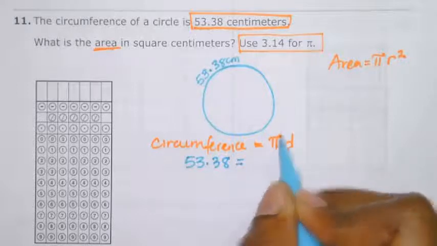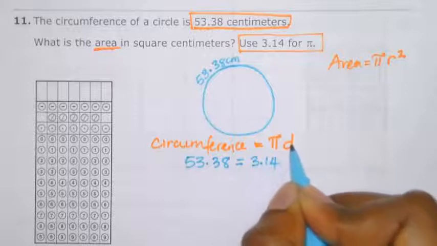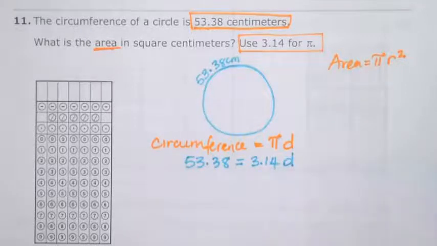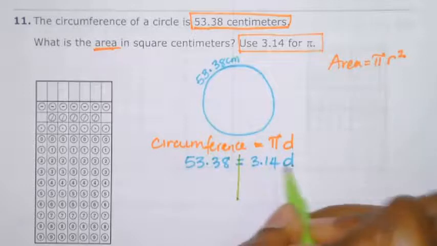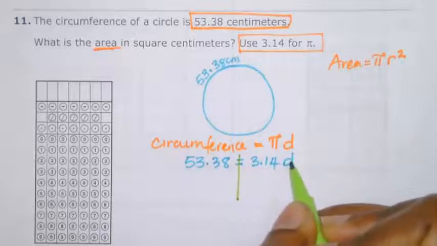Pi is 3.14. And d we don't know, so we're just going to write d. We want to find d, so we have to get rid of whatever is bothering d, because remember, we want d on its own by itself.